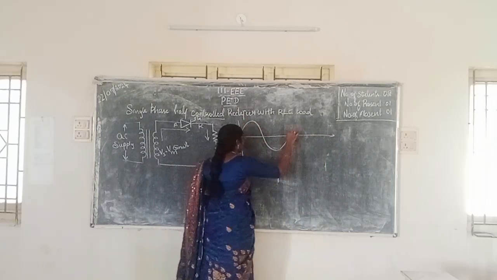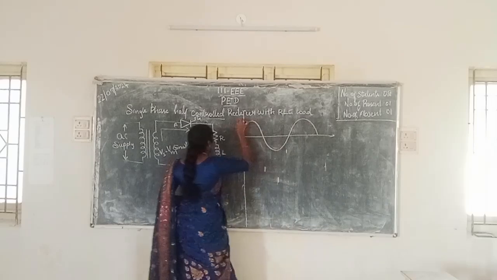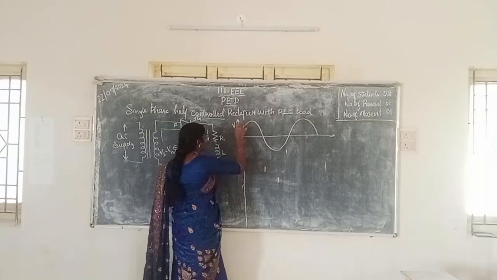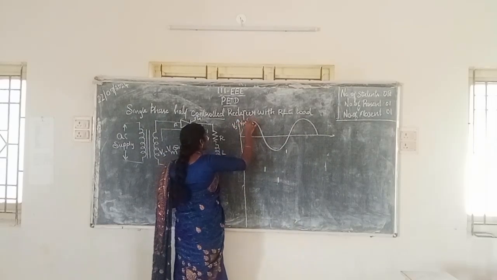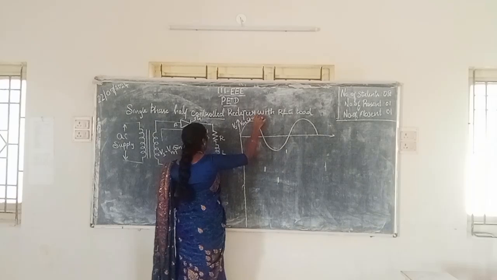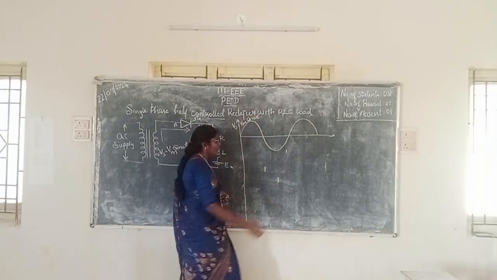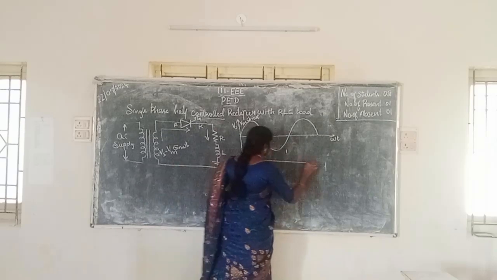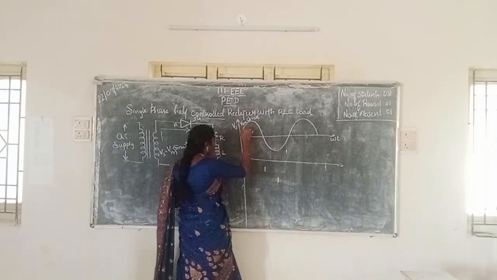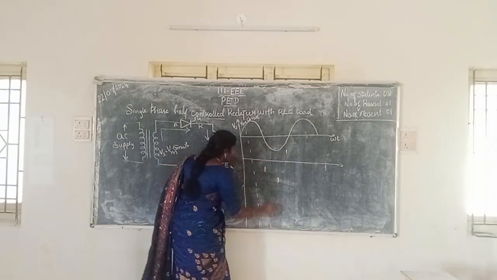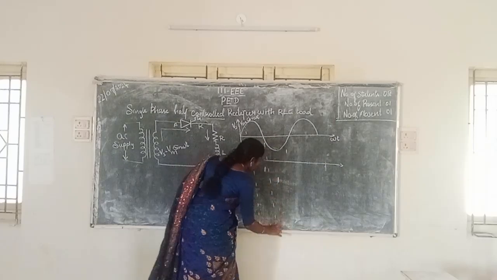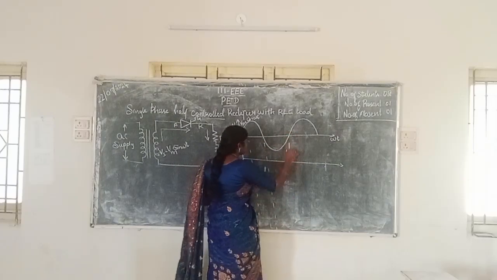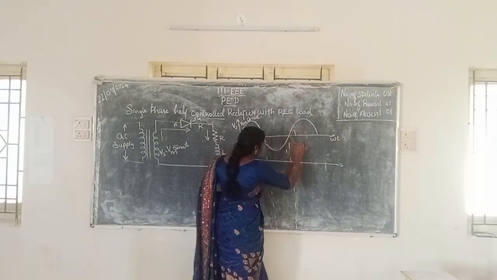Vs, that is the input voltage, Vm sin omega t, with respect to omega t. Next, when will the conduction start?